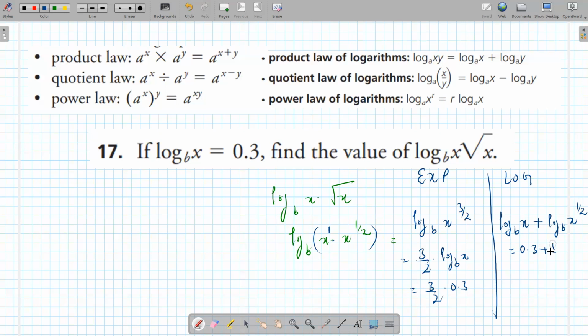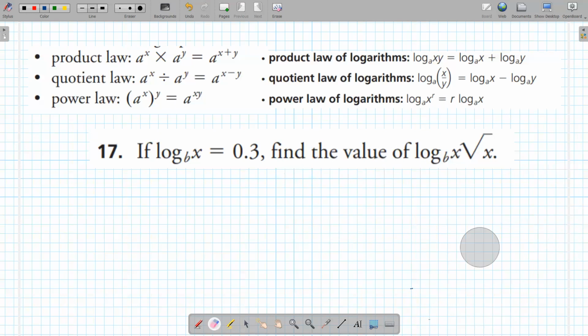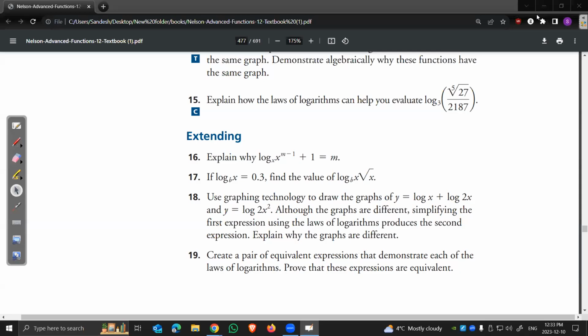That 1/2 you can bring it front, so it becomes 1/2 times 0.3. So what is it? 0.6 plus 0.3 is 0.9. And 3 times 0.3 divided by 2 is also the same thing. And you are done. Cool? So you can use both the rules to do this question.